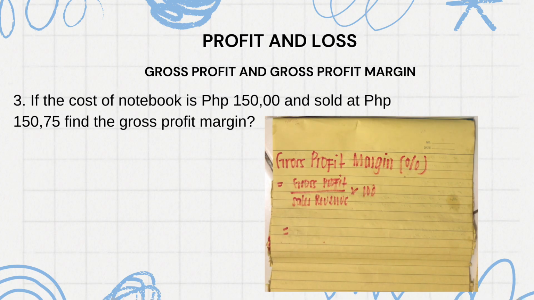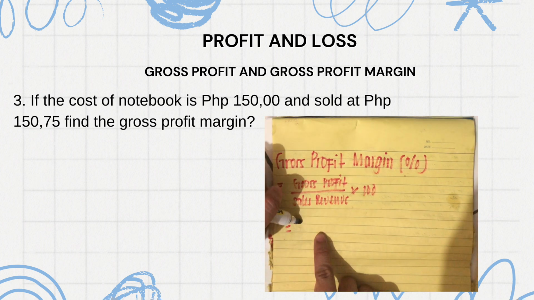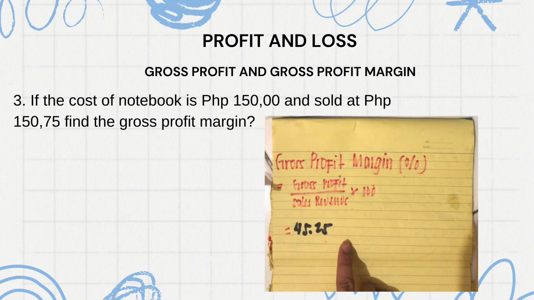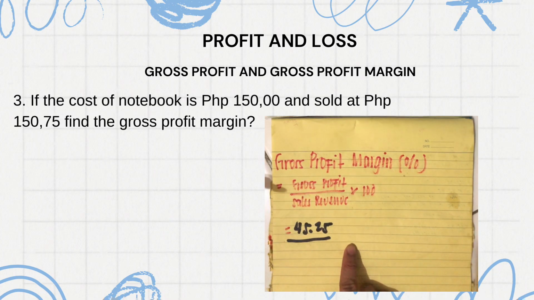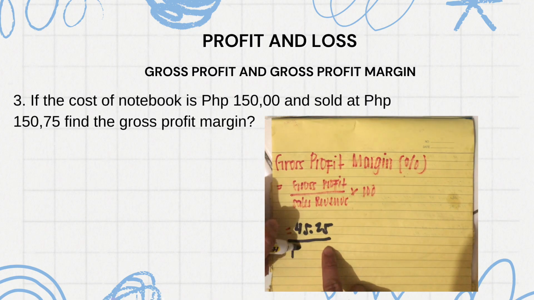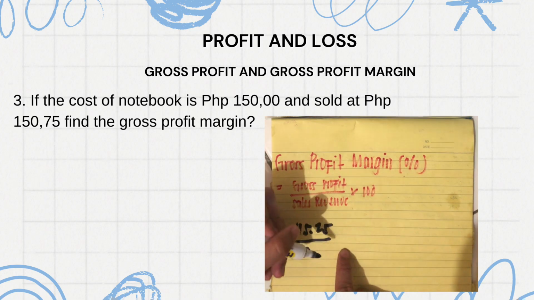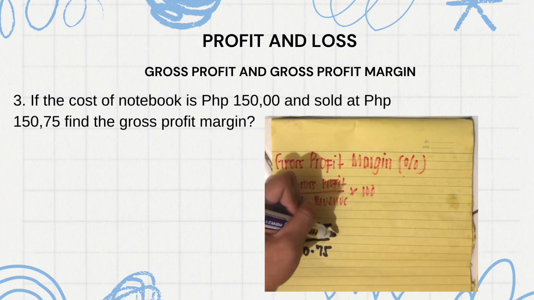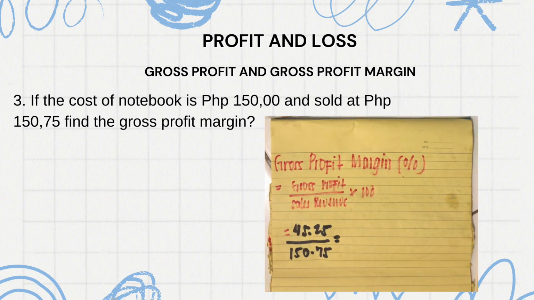So, 45.25 over sales revenue, 150.75. Divide using the calculator.